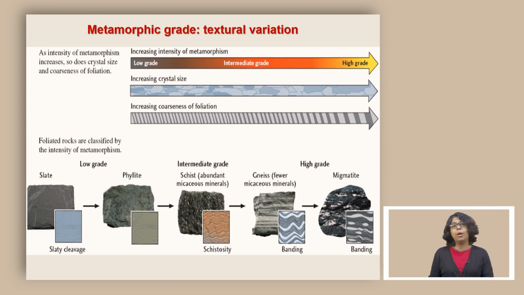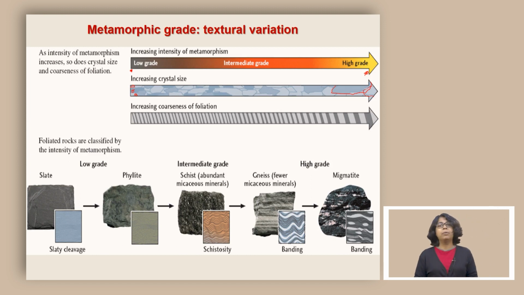So, what do we mean by that? Let us take a look at this particular diagram. It goes from low grade to high grade of metamorphism. When we look at the crystal size, it starts from smaller crystals, and then as we go to this part, we start seeing fairly large crystals.